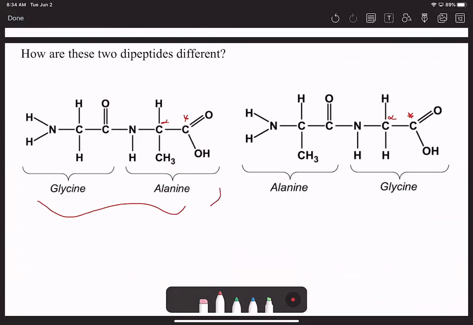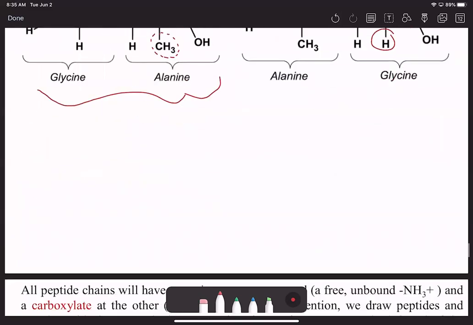This particular dipeptide's alpha carbon is chiral, because I have a methyl group on that alpha carbon, and this particular dipeptide is achiral. So there is a definite difference between these two dipeptides: just because they use the same amino acids doesn't necessarily make them the same dipeptide. So we want to make sure that we are aware of that.